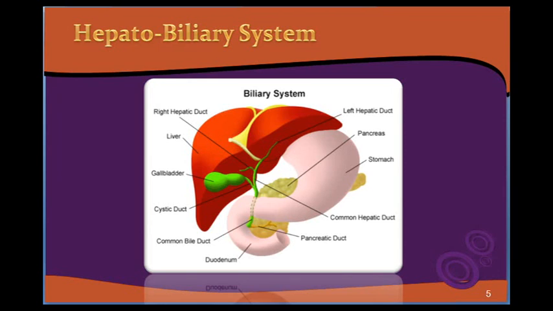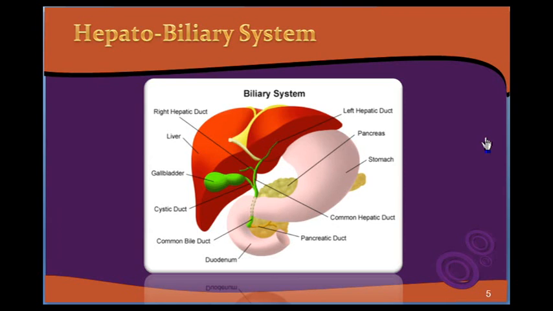So, it is the portal circulation that is very important for filtration of all the waste products, for elimination of all the unwanted toxic materials, for the metabolism of all the drugs that we ingest. So, the liver acts as the first pass metabolism for all these things, and in other words, it is the major check post.